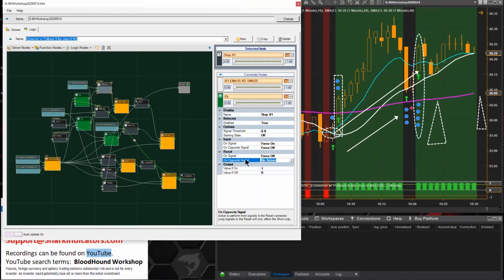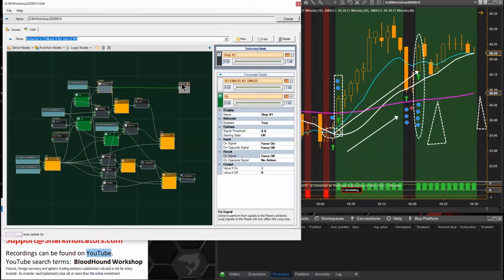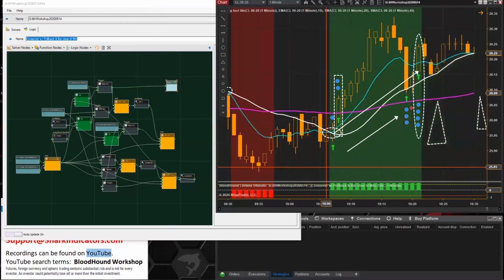But instead, no action means it's off. This function is not working. And instead, I'm using the signal. I'm actually using long signals to turn off the toggle node when the toggle node is holding on to long signals. So again, let's look at the toggle node. We have a long cross up here, a long cross up.